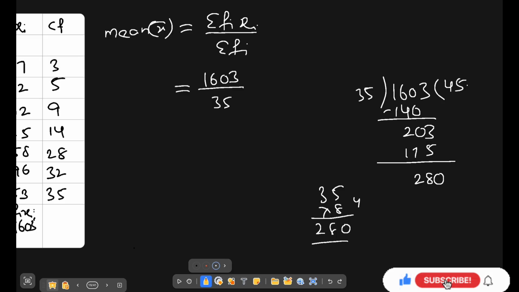So 35 8 times we get 280. So the mean here is 45.8.